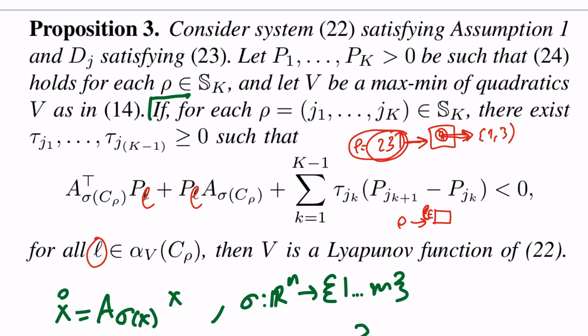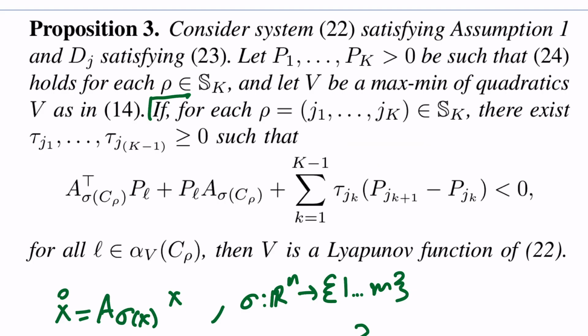So what I've been trying to say is, you give me a row, which is a permutation, which corresponds to a region in the state space, and in that region, due to the structure of the Lyapunov function, we can determine which basis functions are active, and we only look at those basis functions.